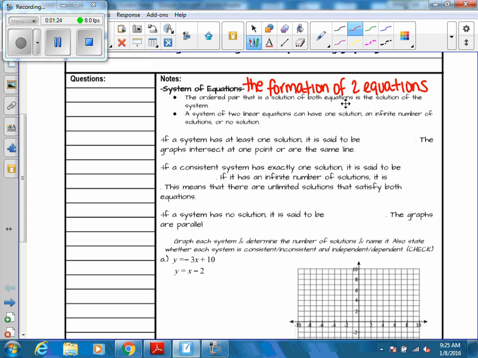Okay, if we continue on, it says if a system has at least one solution, it is said to be consistent. If a consistent system has exactly one solution, that means it's going to be independent.